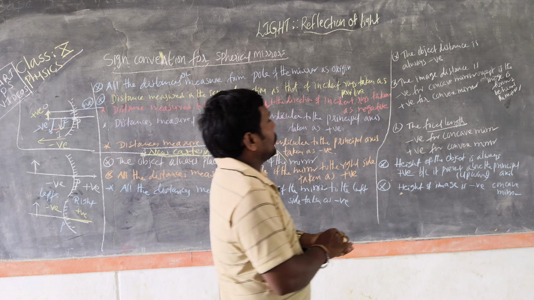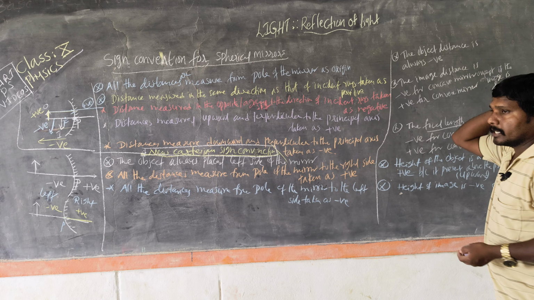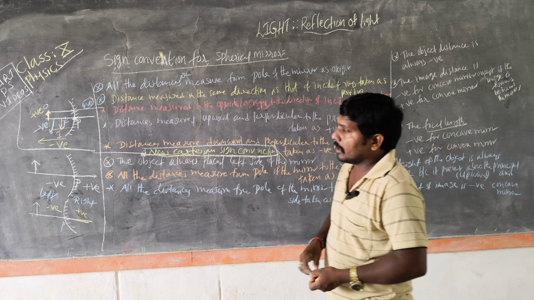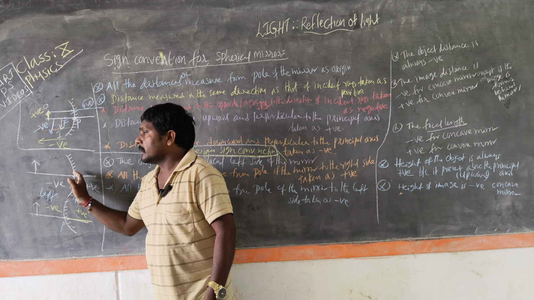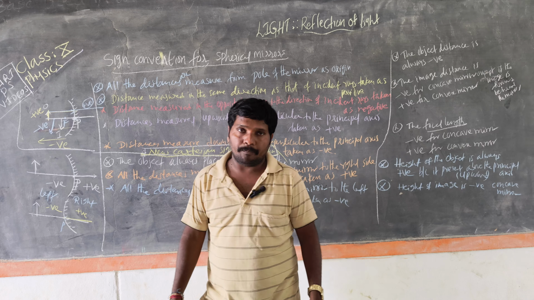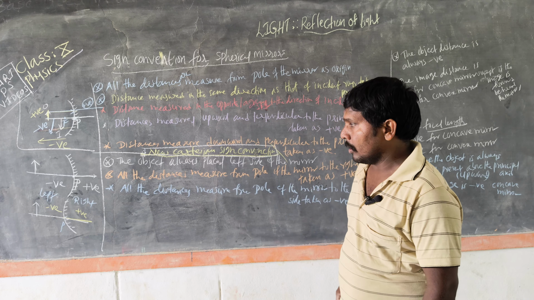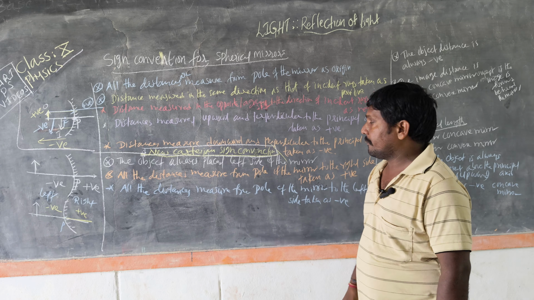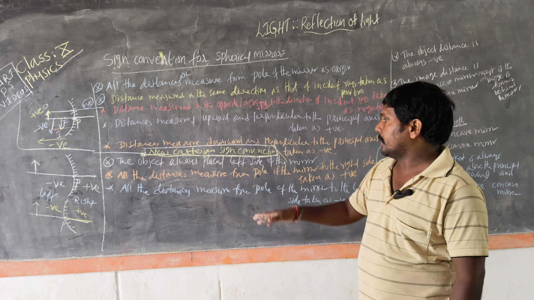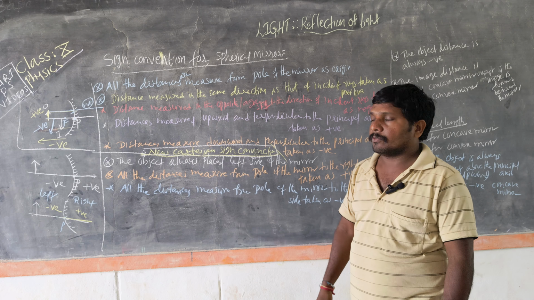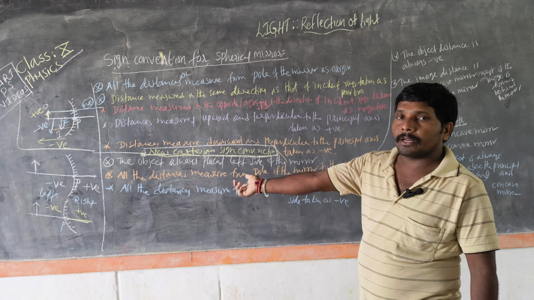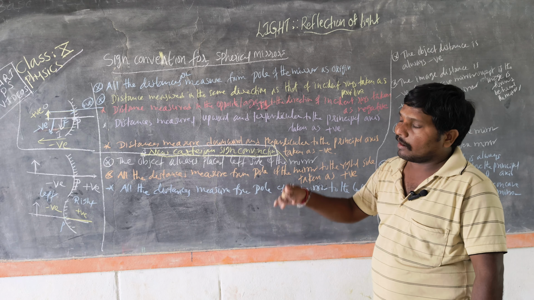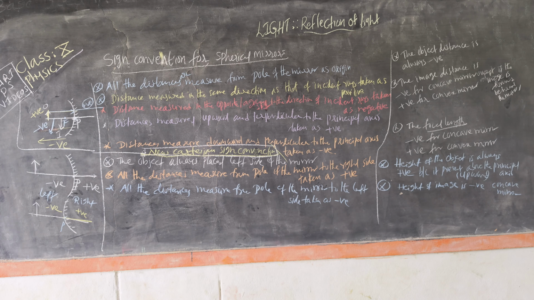The object distance is always negative, because the object is on the left side of the mirror, the left side of the pole. That's why for concave mirror or convex mirror, the object distance is always negative.